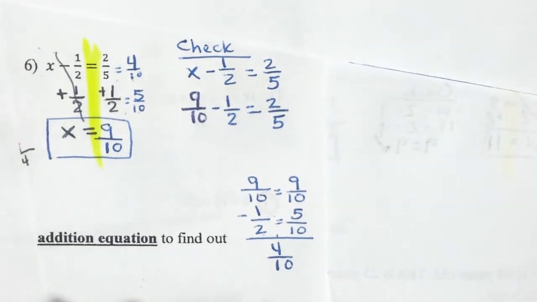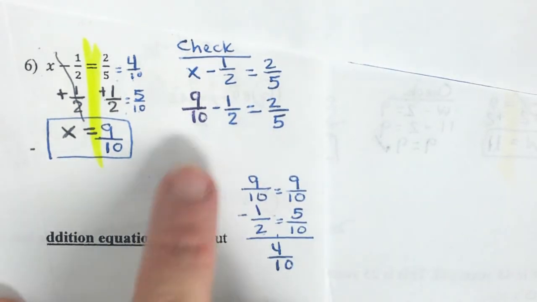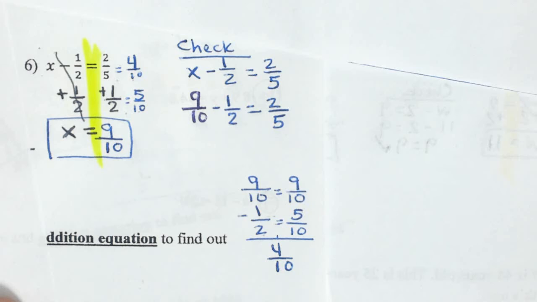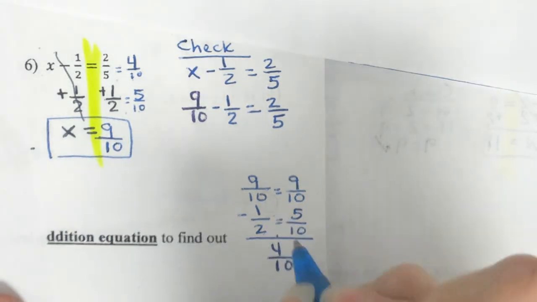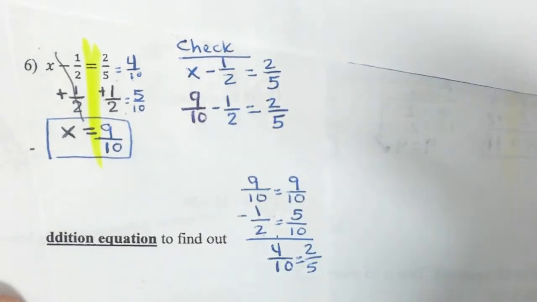So I want you to look at that. Here's 2/5. Here's 4 tenths. Can't minus it again. Simplify. What is 4 tenths simplify to? 2/5. Yes. Listen, you got the right answer.